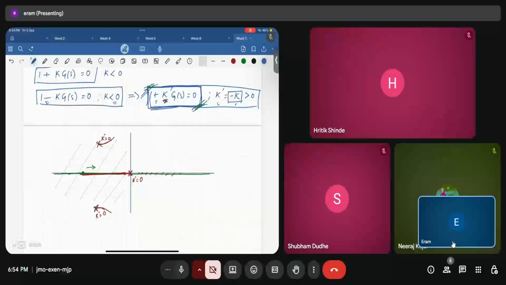It may go out at some point, it may cross the imaginary axis and go on the RHS, but for some finite value of k, for some k dash between 0 to some value, all the closed loop poles are going to lie on the LHS, because the branch from this open loop pole is not going to the right, it will go to the left, right?